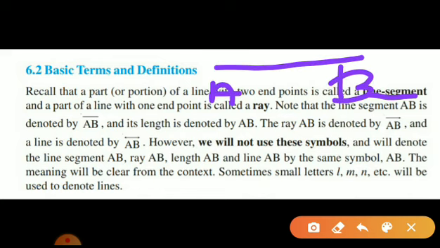This is a line segment. It has two endpoints and a fixed length. I cannot extend it from both the sides. This line segment I can read as AB or as BA. Similarly, if it is a line, I can read it as line AB or line BA. No difference.